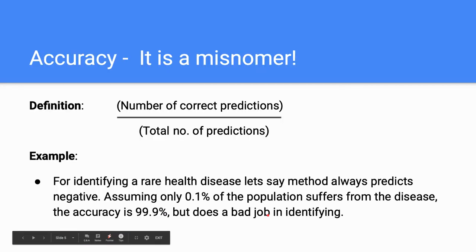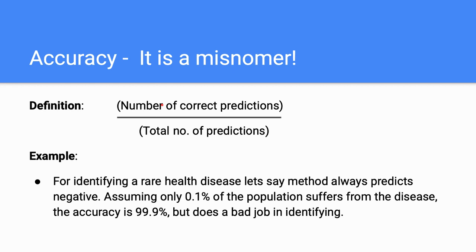Now, as I mentioned, why is accuracy a misnomer? Accuracy is nothing but the number of correct predictions divided by the total number of predictions. At first sight, it seems to be fine, but what is the problem with accuracy?